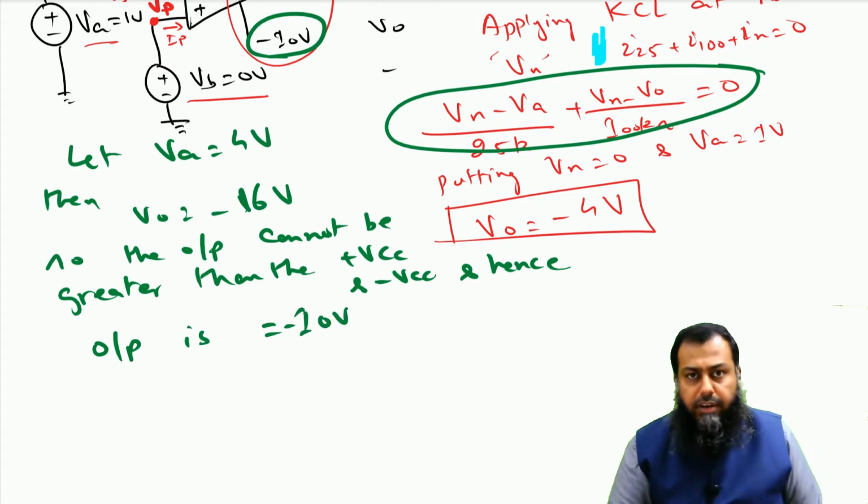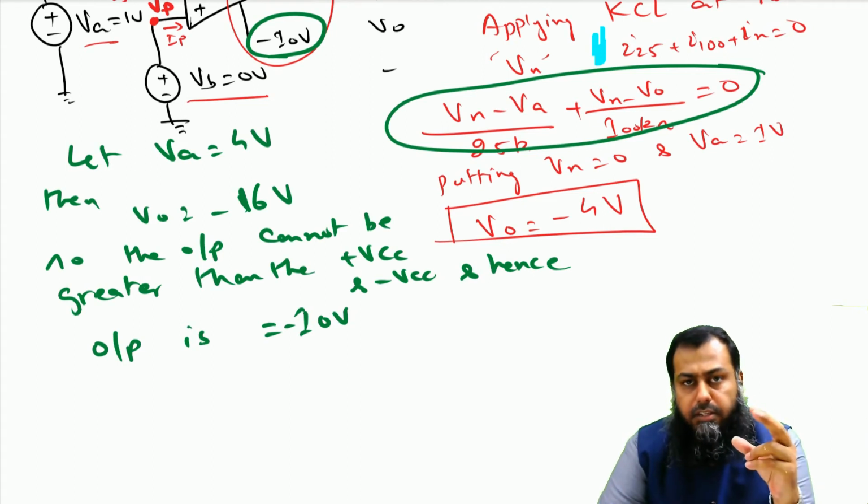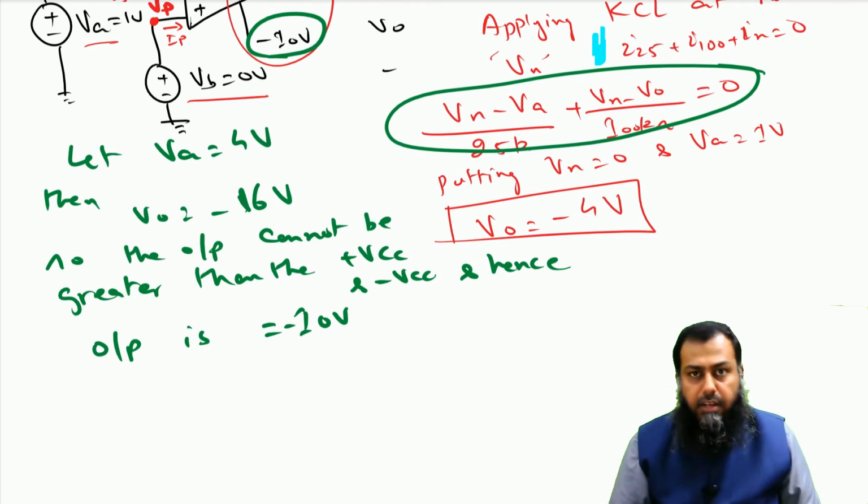So you see that theoretically we are getting minus 16 volt, but we cannot say that this is minus 16 volt because the biasing supply limits the output at plus minus 10 volt. So the output shall be equal to minus 10 volt, and we say that the operational amplifier is not actually operating in an amplification mode, rather it is now saturated, and it is giving a flat output voltage equal to the minus VCC.